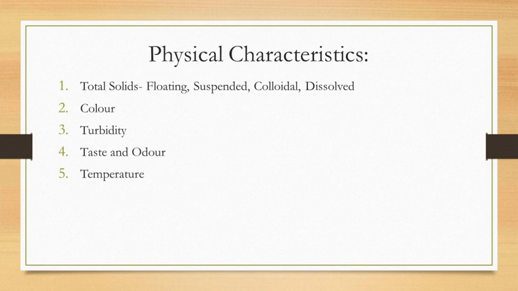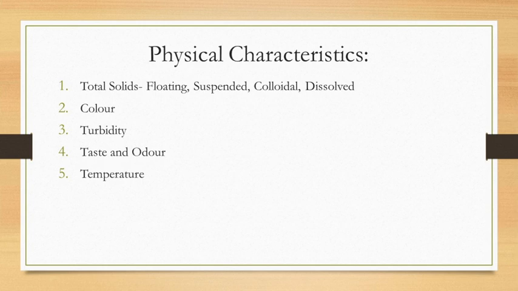When the particle size is 1 to 10 micron, that is suspended solid. And when it is 10 to 100 micron, that is settleable solid. So this is the classification of the size range of particles. So that is about total solids, which is suspended solids plus dissolved solids.